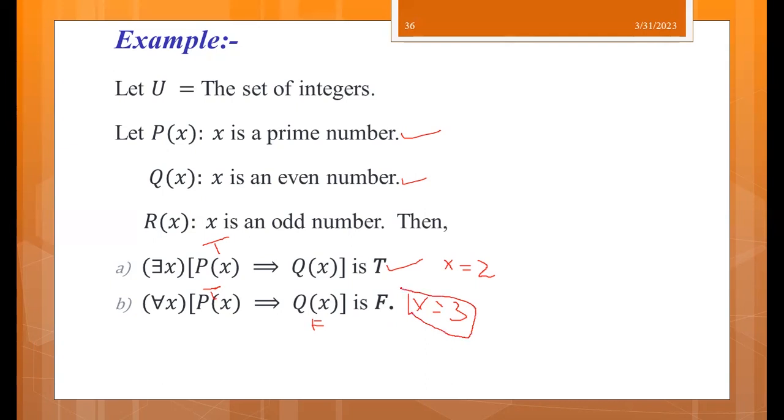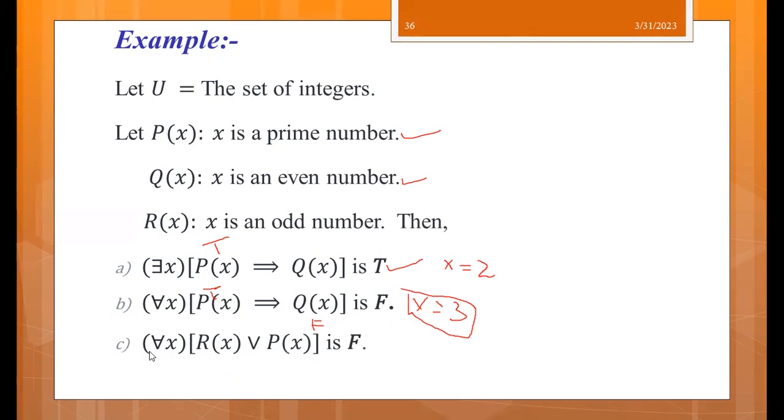And the next one is simply C: for every x, r of x or p of x is false. We know that this is a logical disjunction. For this to be false, both r of x and p of x must be false.